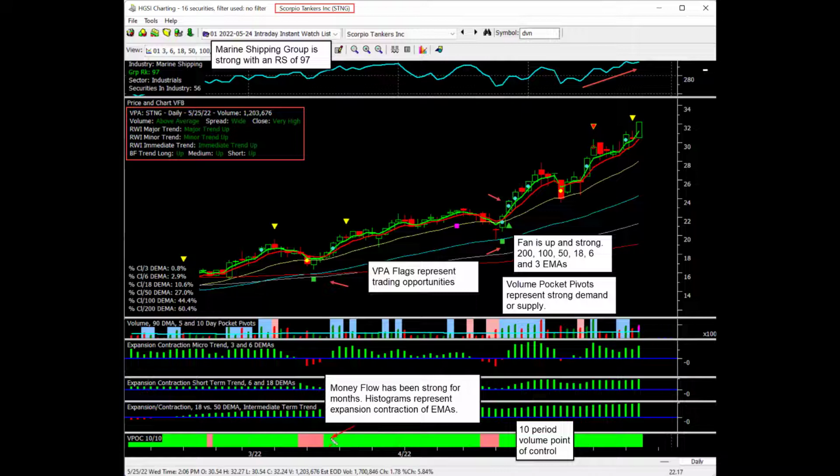If I point to this and then point to this up here, you can see that the VPOC turned positive at this point, and right here, same thing happened when we had the effort to rise coming off of the 50-day exponential moving average.